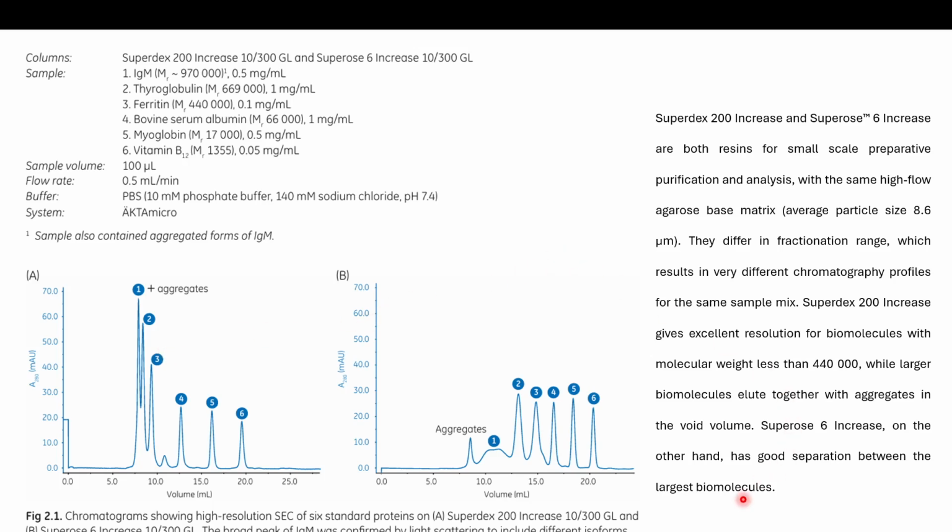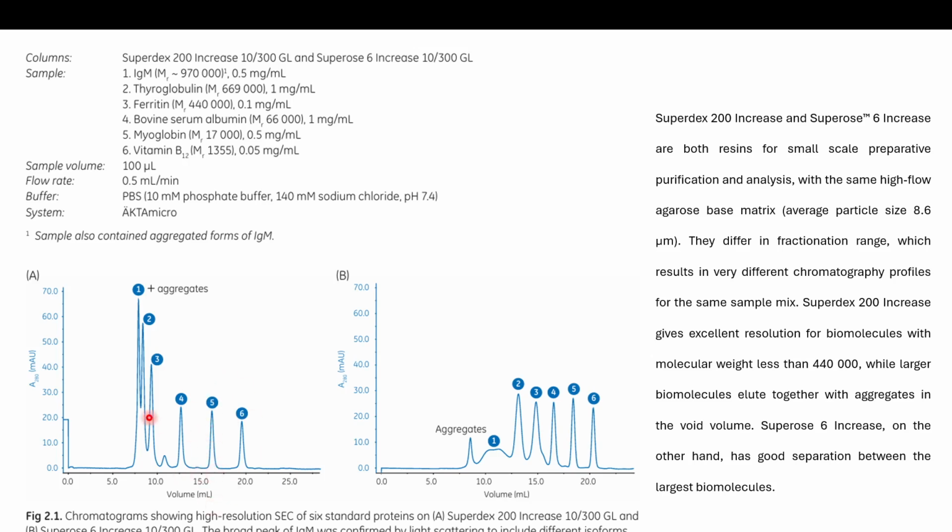All these proteins or samples elute at particular volumes. Suppose this is the characteristic of the Superdex 200 increase column, that the 17 kilodalton protein will elute at maybe around 16 to 17 ml. So if you are getting a profile of your sample of interest and you know that your protein is 18 or 16 kilodalton, and it shows a peak around here, then you know this is a good range and this is your protein of interest.